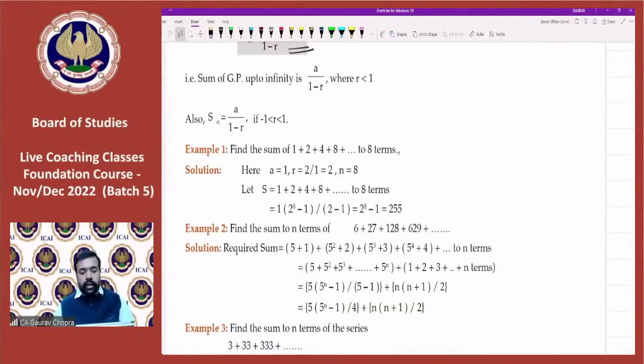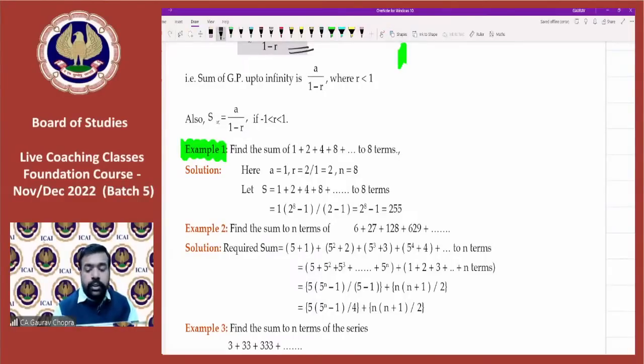So let us try example number one. Find the sum of 1, 2, 4, 8 and so on up to 8 terms. So this time we have to calculate the sum. Before calculating the sum, let us write the given figures. What is the first term?